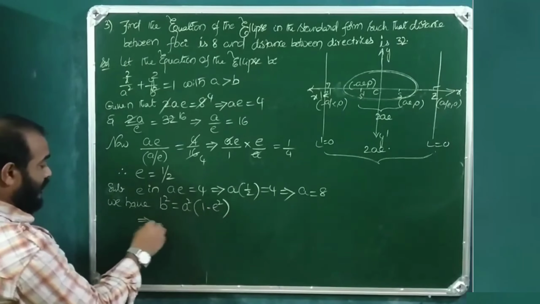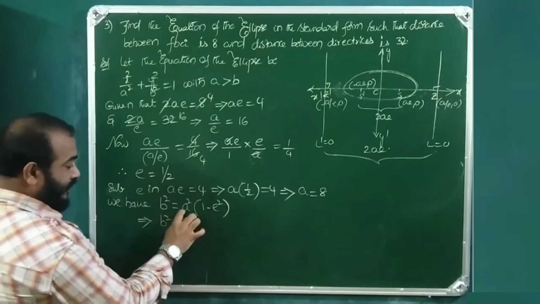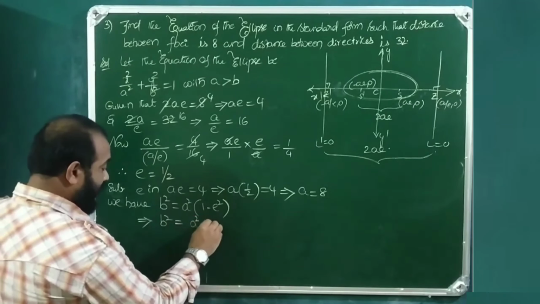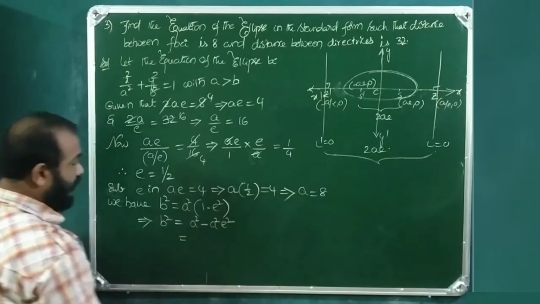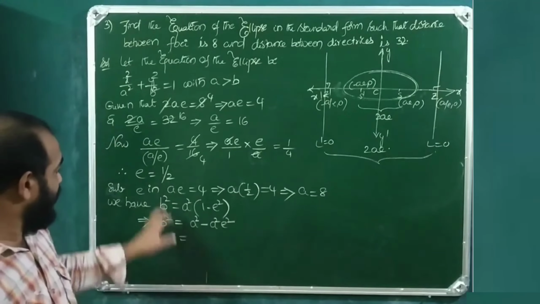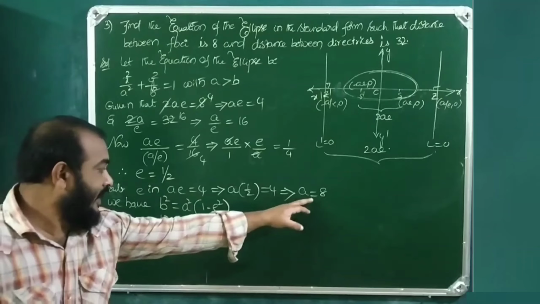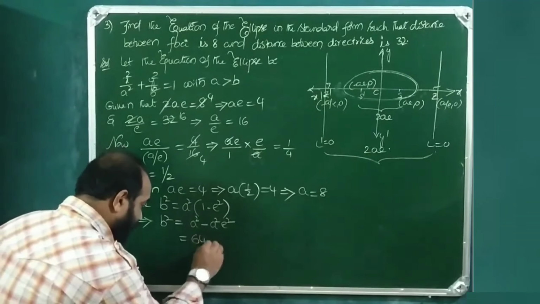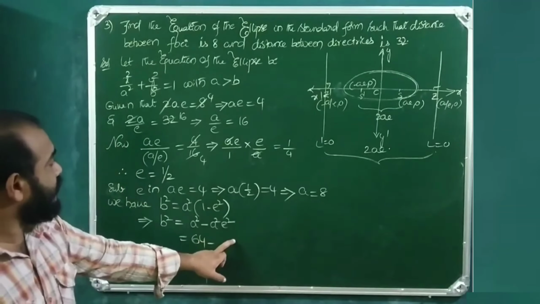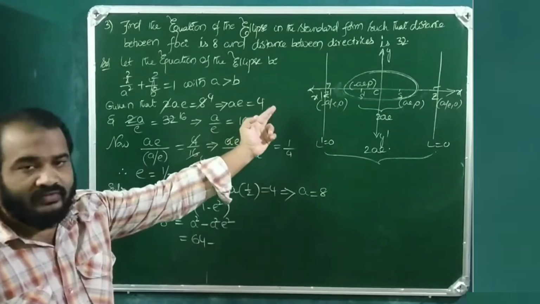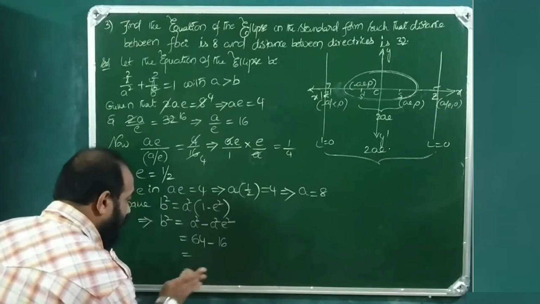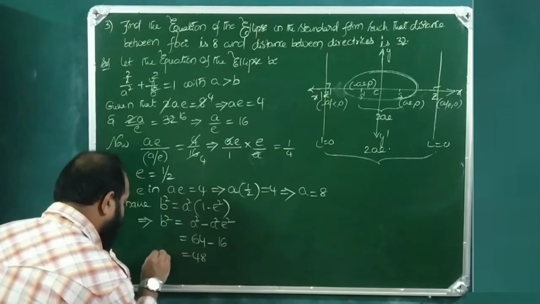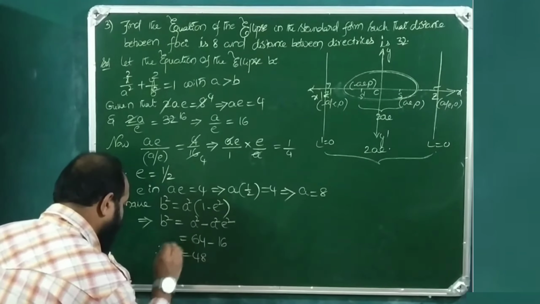So B square is equal to A square minus A square E square. The value of A square is 8 square, 64, minus A square E square, which is 4 whole square, 16. So this is equal to 48. Therefore this is B square.